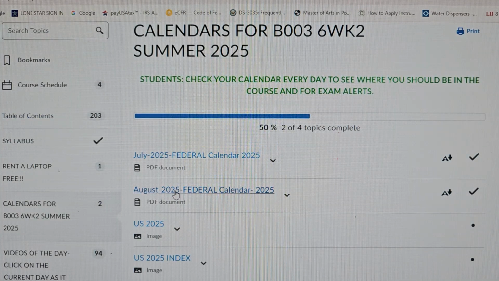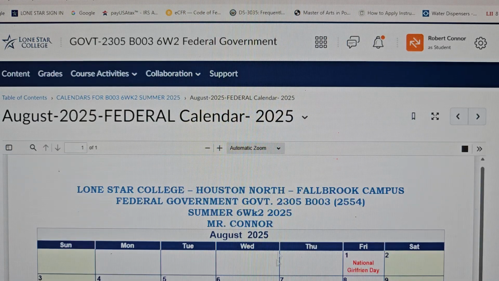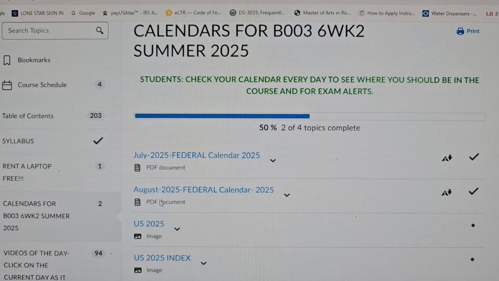And then you have August, and it tells you when your final exams are. You have kind of the last day or so free to catch up on your work. And you have a complete calendar for the year 2025. It shows all the holidays and so forth.